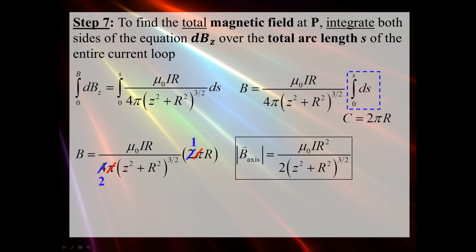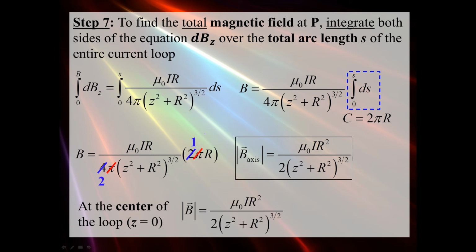If I want to, I can take this equation one step further. If you go to the center of the loop, that's where z would be equal to 0, because that's where the z-axis starts, it's the origin. Then, if I go back to this equation where I have B is equal to mu naught I capital R squared over 2, z squared plus r squared to the 3 halves, and replace z squared with 0, we can simplify this a little bit more, because then what we have in brackets is r squared to the power of 3 over 2.